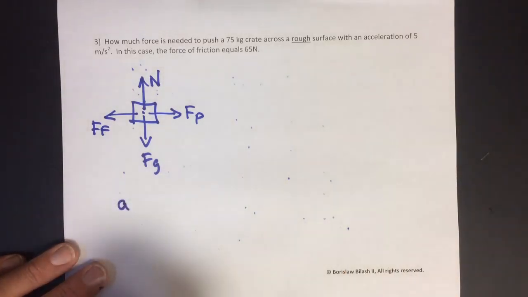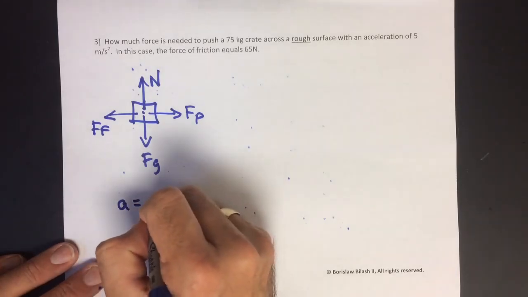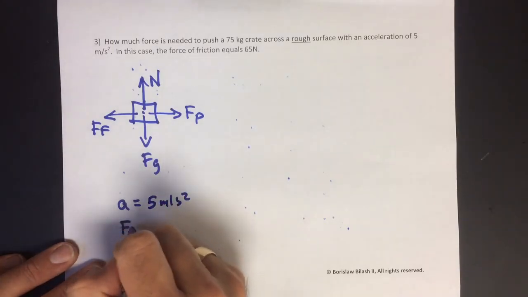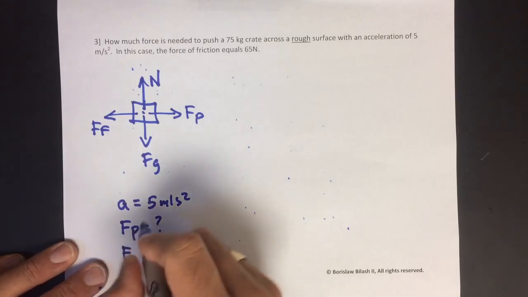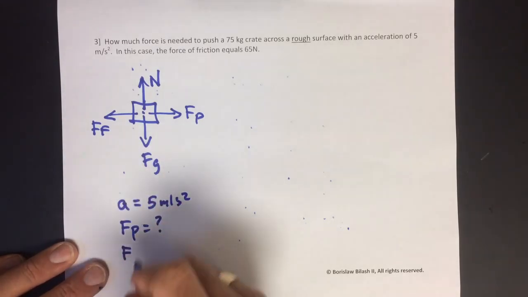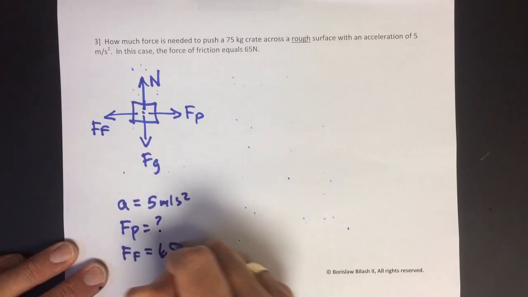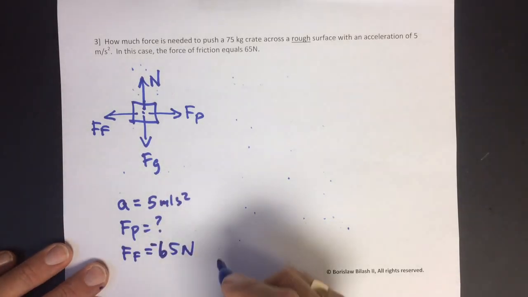So we now have an additional force in our free body diagram. So I have A. This is 5 meters per second squared. Fp, I don't know that. I have another force, so I'm going to list A, forces, M. So this is Ff, and that's 65 newtons. But that's in a negative direction. 65 newtons in the negative direction because it's opposing.